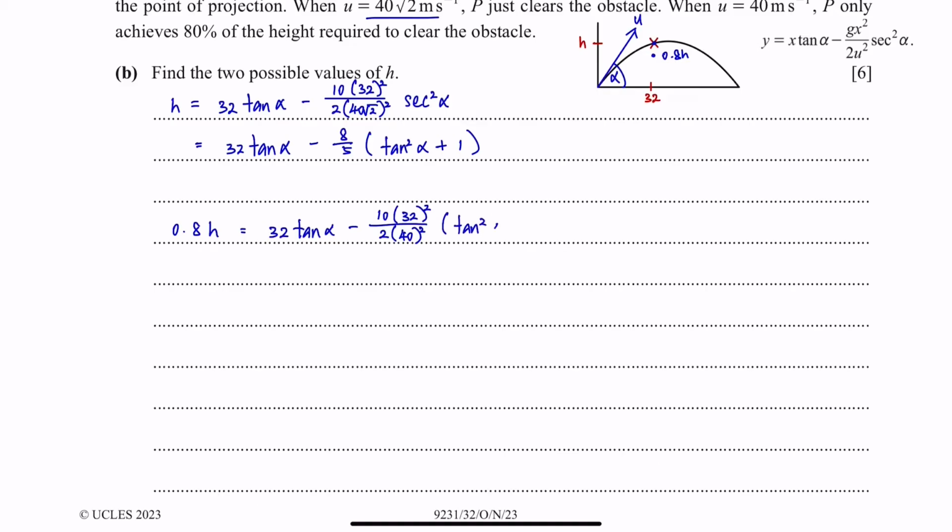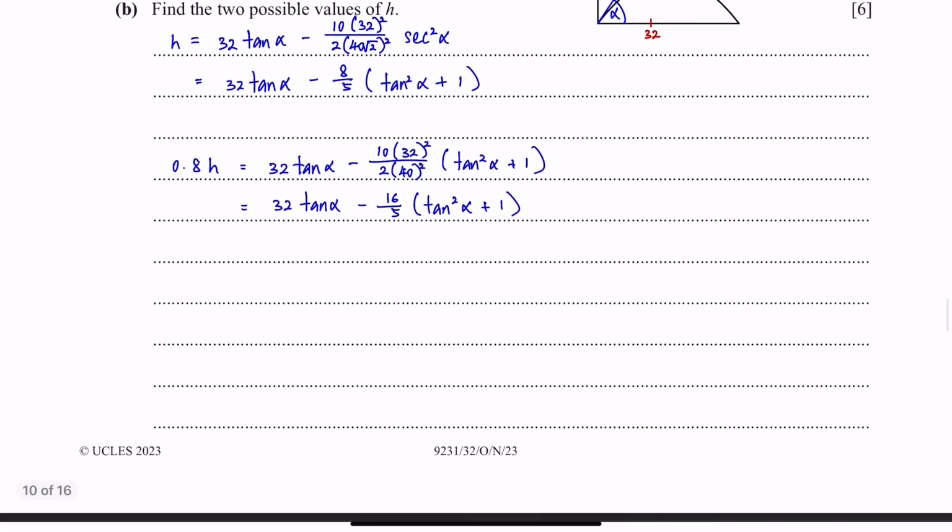And secant squared can also be written as tangent squared plus 1. So we would get 32 tangent alpha minus 16 over 5 times tangent squared alpha plus 1.